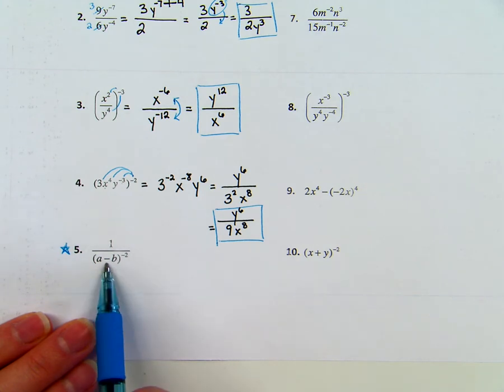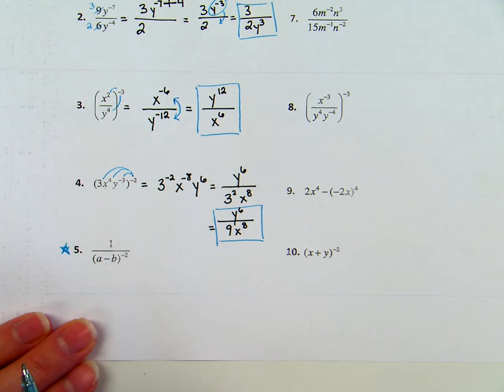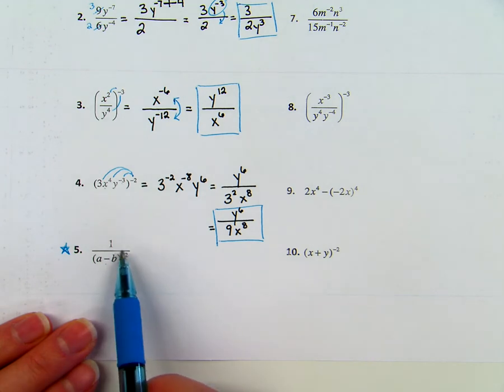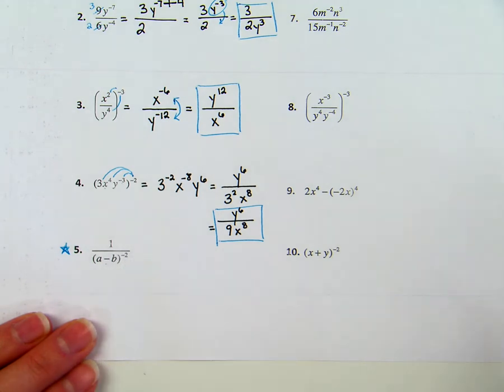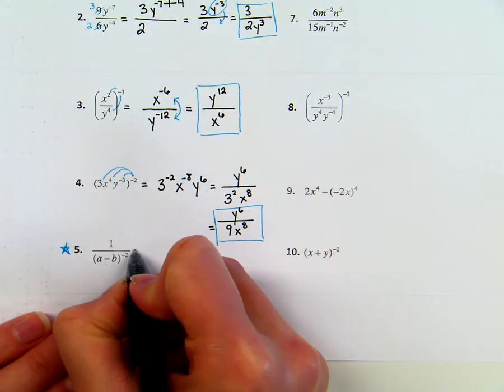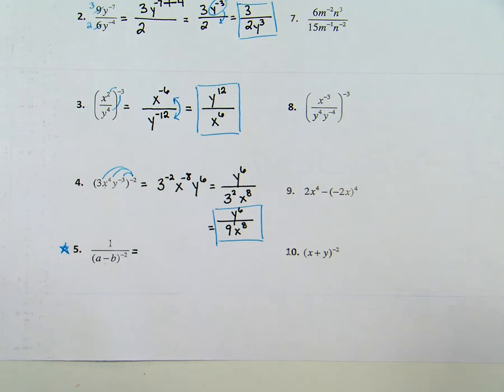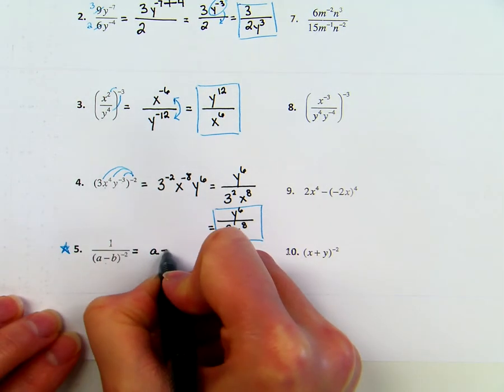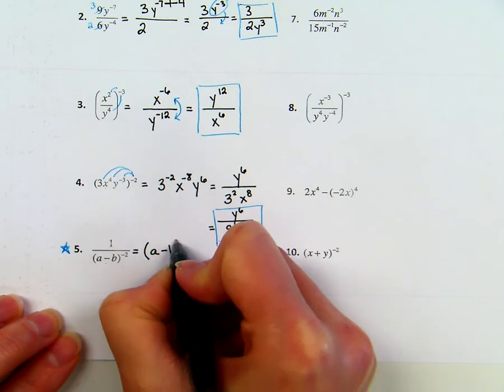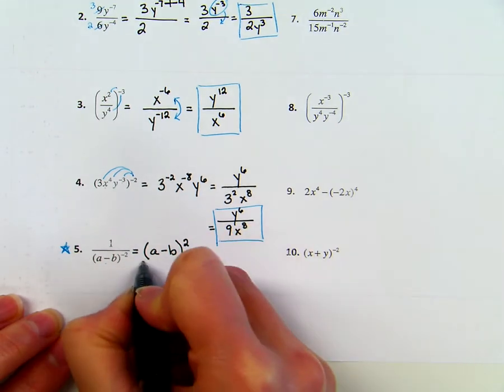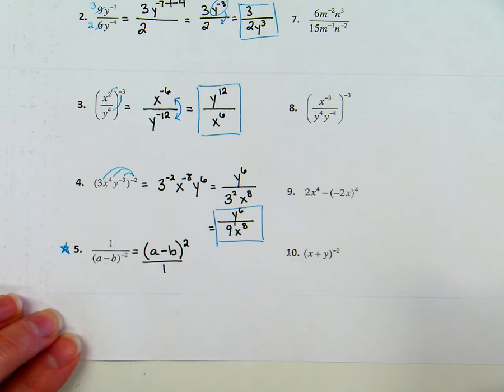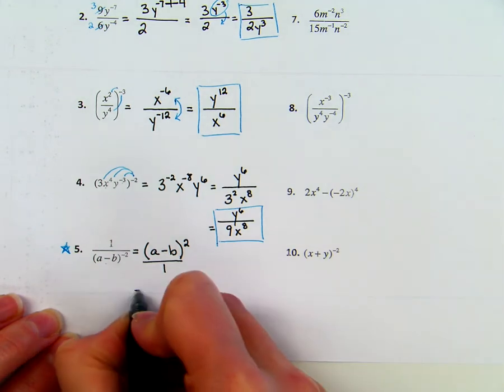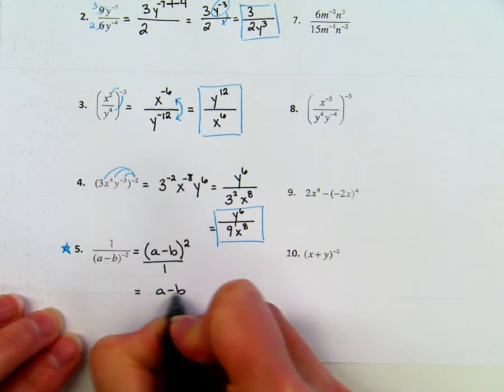If you see an addition or a subtraction inside your parentheses, you cannot distribute that exponent. Instead, we can change this to a positive exponent, making this a minus b over 1 squared, or just a minus b squared.